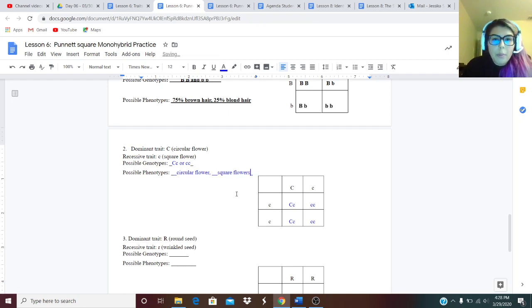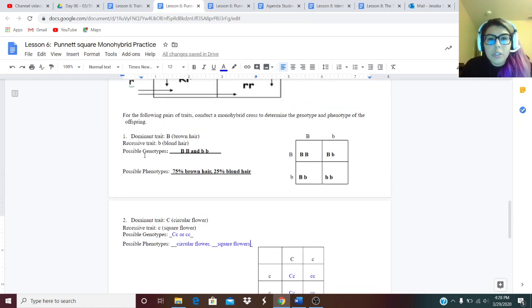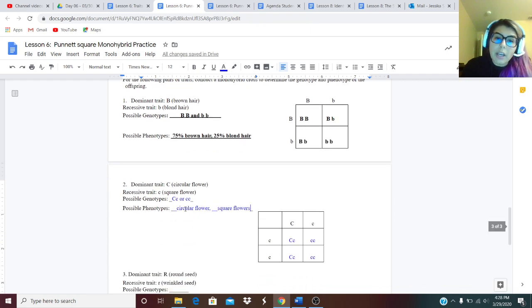Now, up here, if we look at our first problem already done for us, our example, we not only need to write down the possible phenotypes, but we also have to go ahead and do the percentage, the chance, the probability of getting brown hair or getting blonde hair. So in this case, we have to do the same.